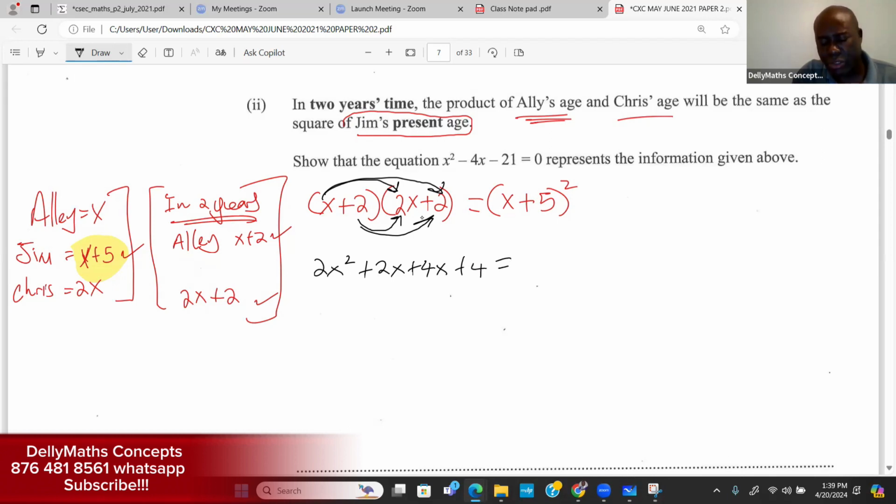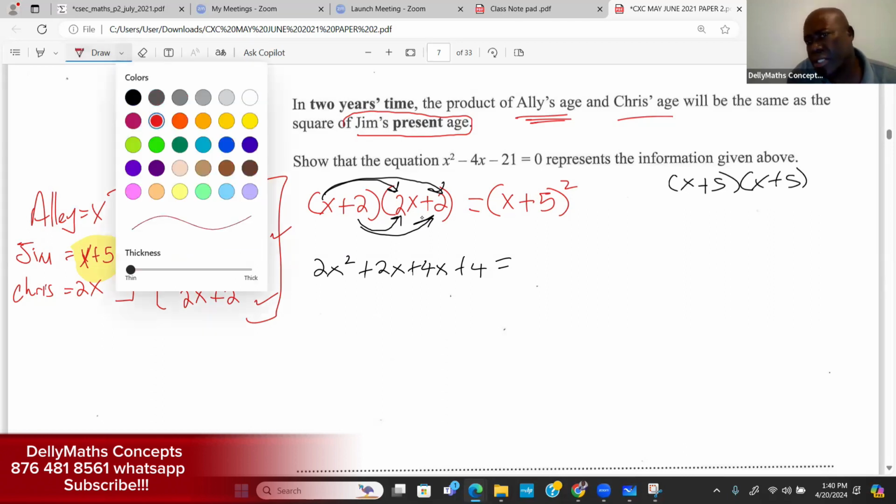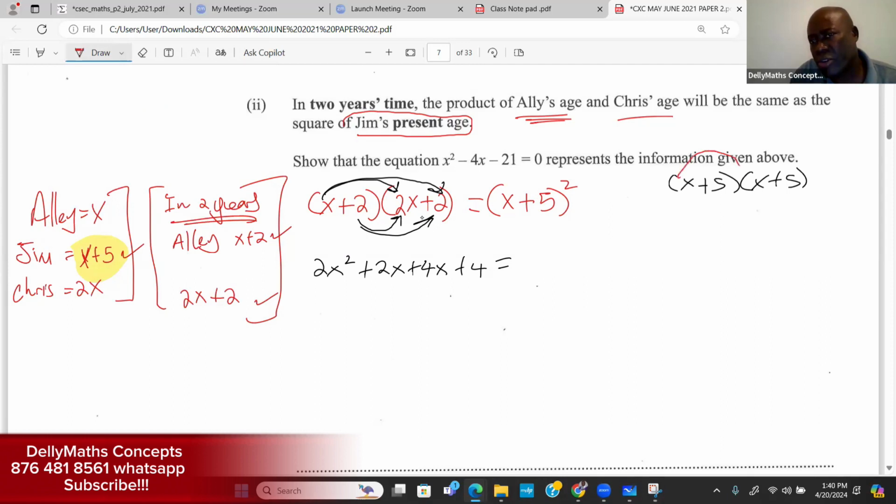On my right side, though, when I square X plus 5, it's really X plus 5 times X plus 5. There are multiple ways to do it, but one of the regular procedural ways is that you could file it out, right? So if I file it out, X times X will give me X squared.